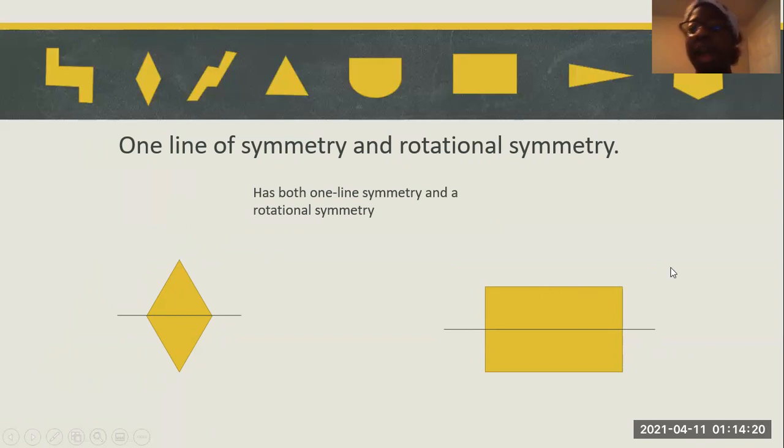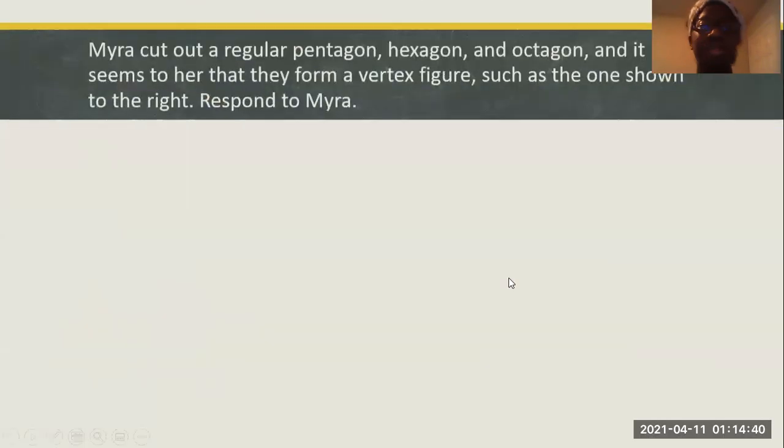And then we have a rectangle, which has four as well when you rotate it. One, two, three, four, and then back to its original section, as well as being able to rotate 180 or 360 degrees and be in the exact same place.